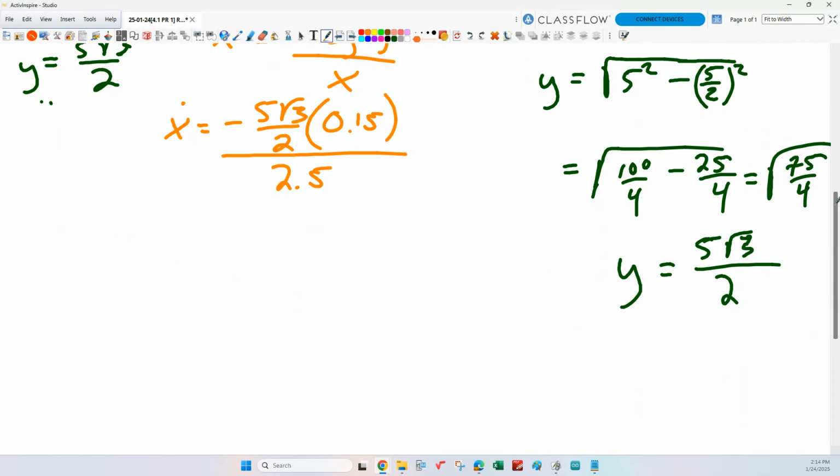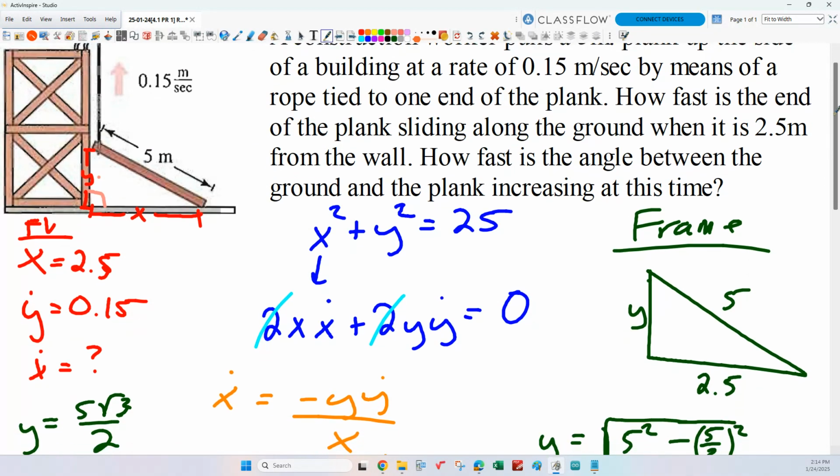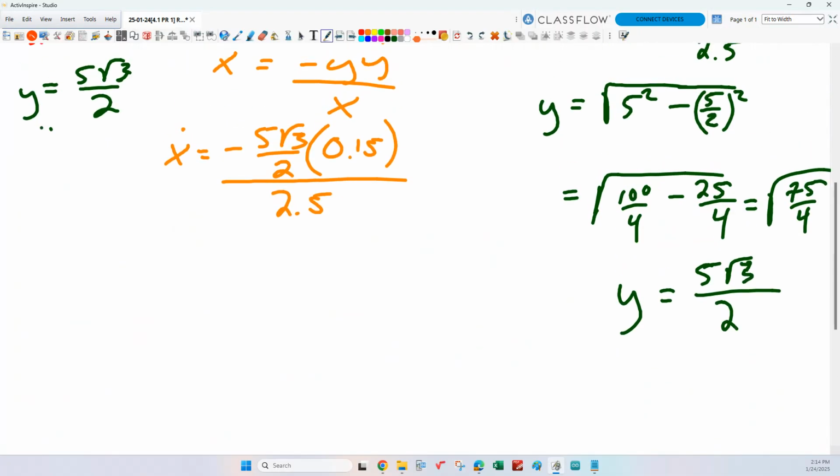And so they want this, how? They want this as a decimal. How do they want? Doesn't say. Let's just say we're going to get this as a decimal rounded to 2 places or something. So somebody plug that in. What do we get? We could just cancel all this stuff, couldn't we? Right, so we just get negative square root of 3 times 0.15.